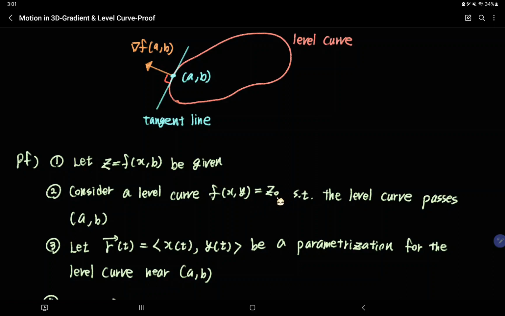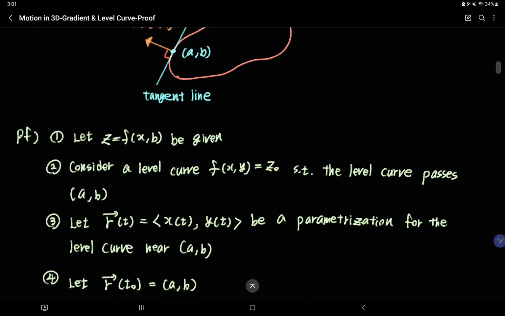Here z0 is chosen so that the level curve passes through (a, b). So all points on the level curve have z value z0, including (a, b).